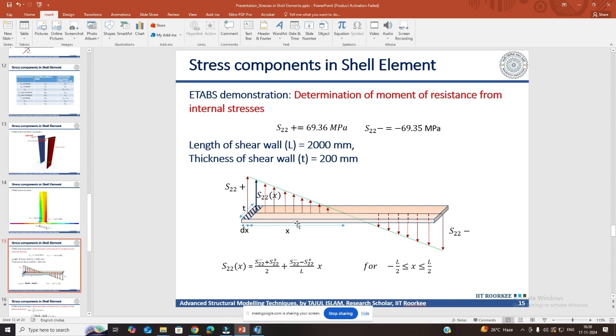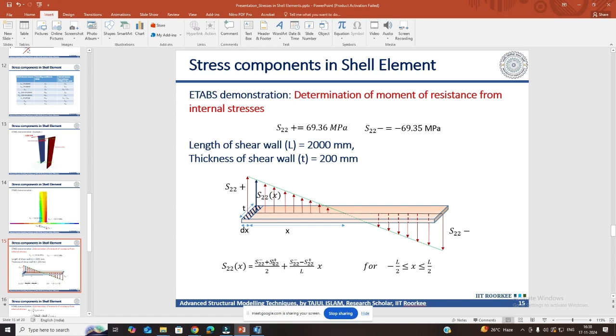Now if you interpret this stress with some variable x, how can you write the function? You have positive extreme fiber stress and negative extreme fiber stress, and the variation is linear, and the length I have considered from minus L by 2 to plus L by 2, where L is 2000 mm.